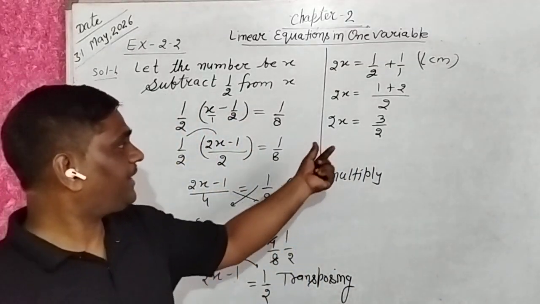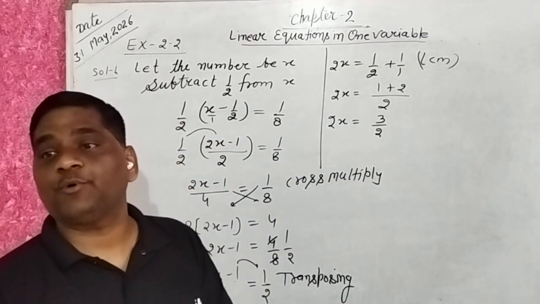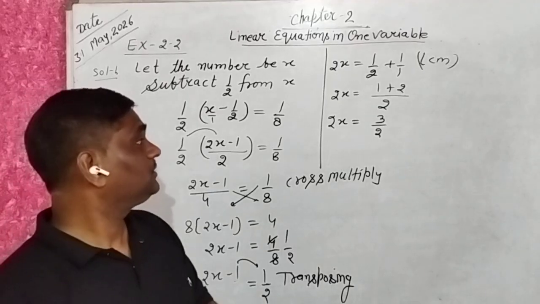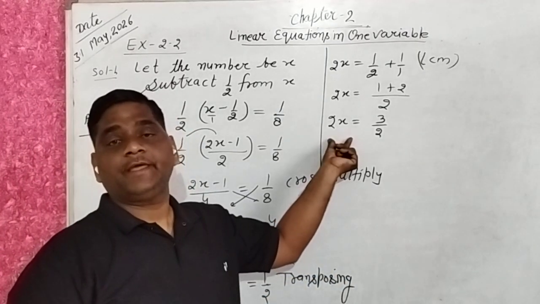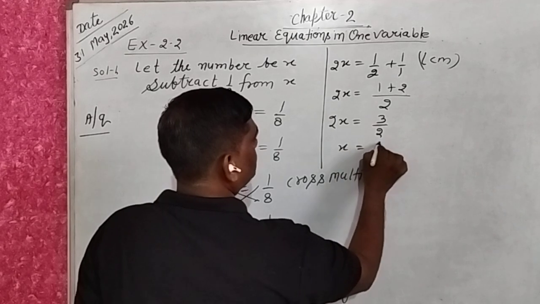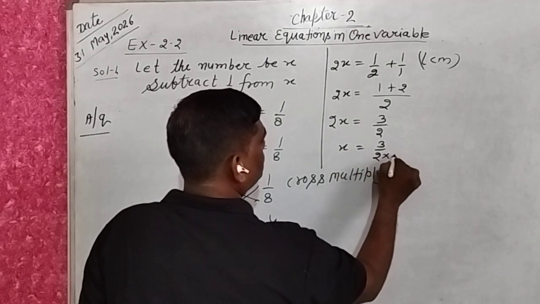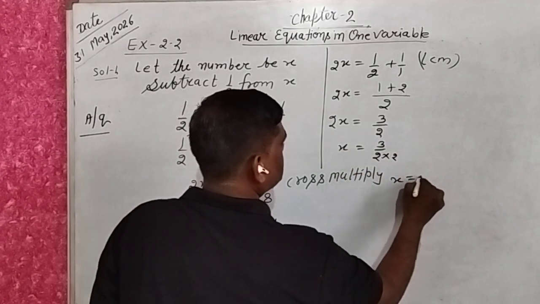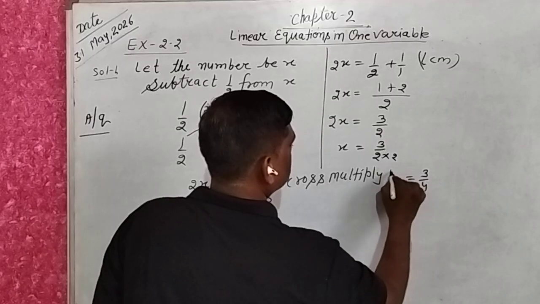What is the value of 2x? 3 upon 2. But we want the value of x. So 2 is divided, x is equal to 3 upon 2 into 2. You get x is equal to 3 upon 4.